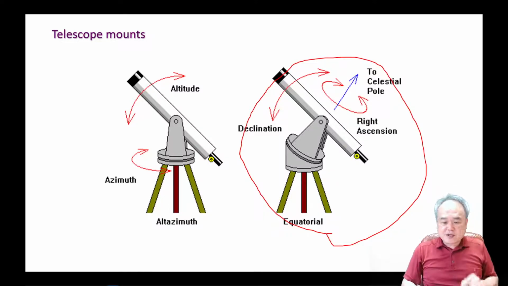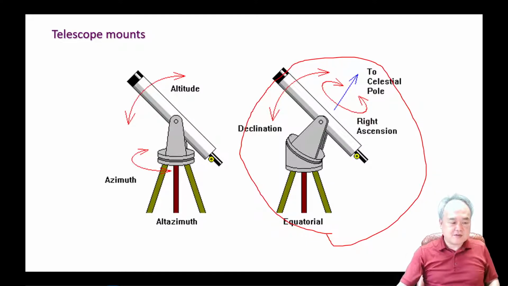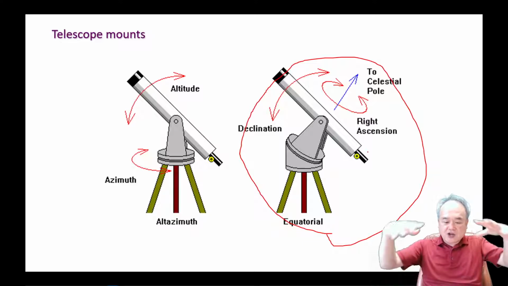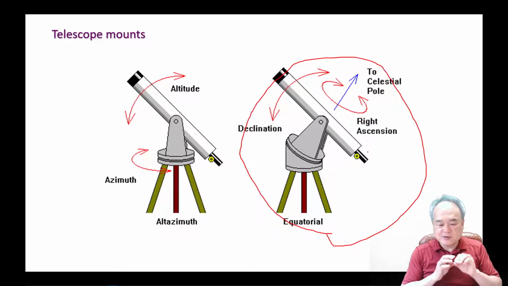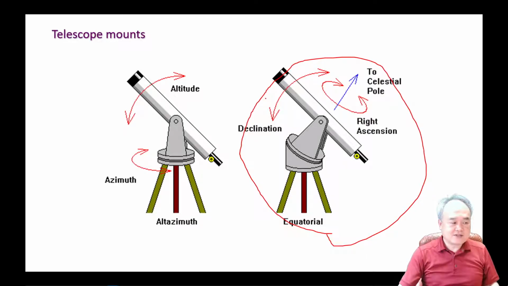A further challenge is that the equatorial mounting system requires a larger dome for the same size of telescope. So with the advent of computer-controlled tracking systems, larger telescopes, especially 8-meter or larger telescopes, are now going back to the alt-azimuth mounting system.